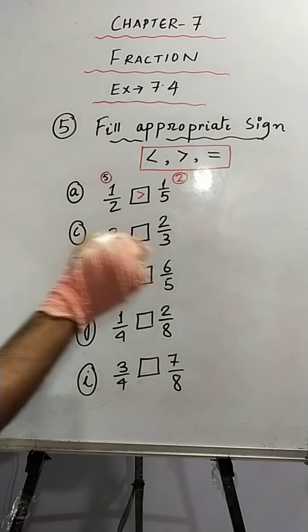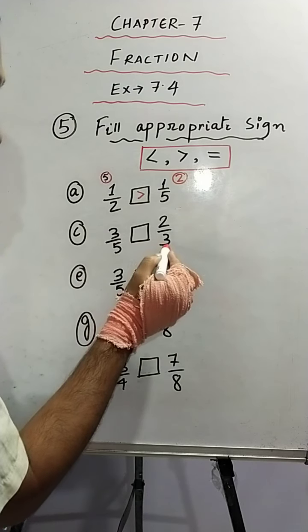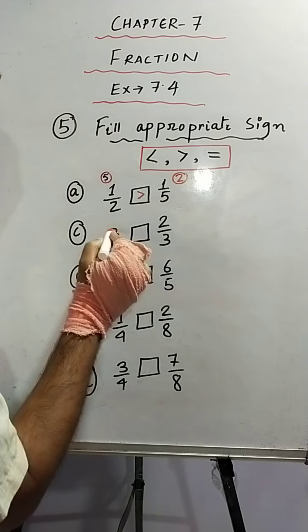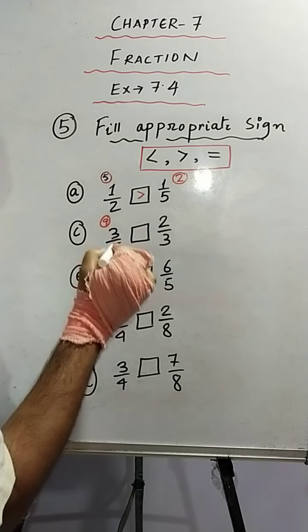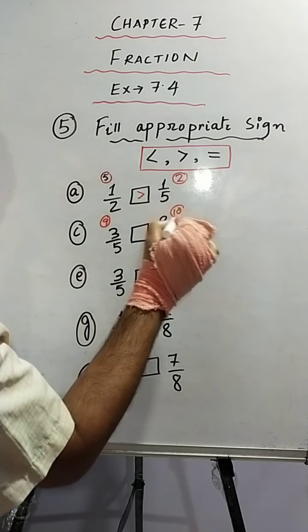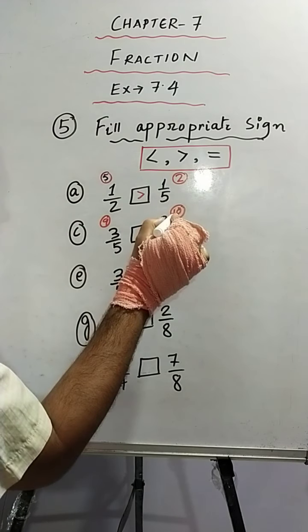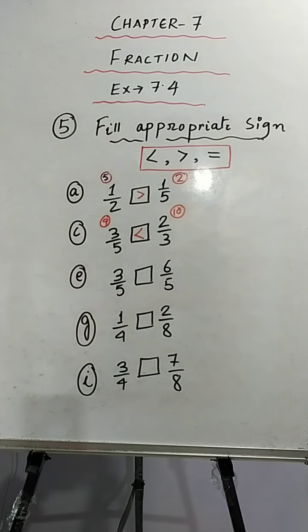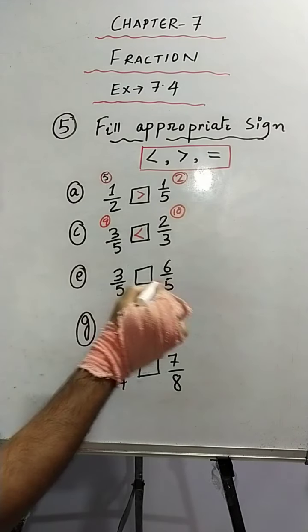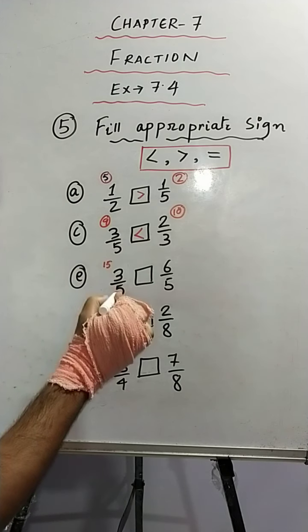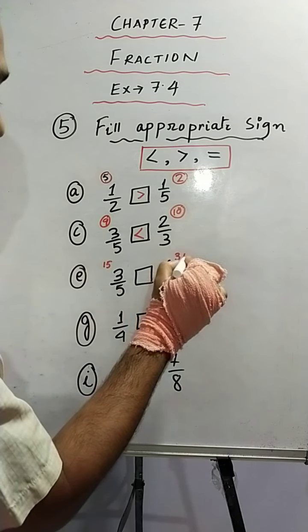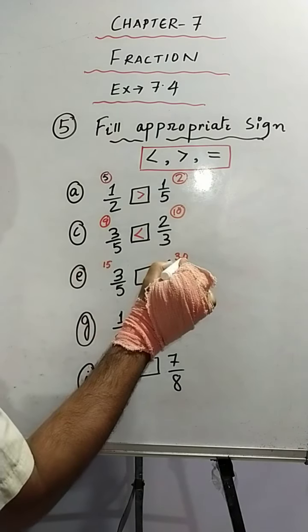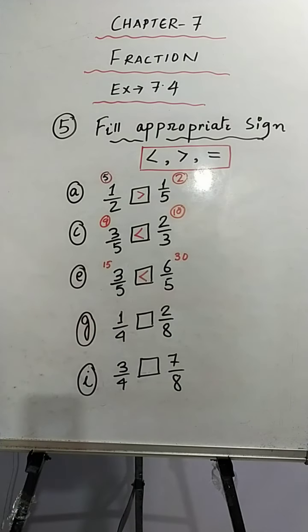The same thing we'll do with this one. When the denominators are not the same, multiply: 3 3s are 9, 5 2s are 10. So 9 is less than 10, so we'll put the less than sign, students. Very easy. Now 5 3s are 15, 5 6s are 30, so 15 is less than 30, so we'll put the less than sign.